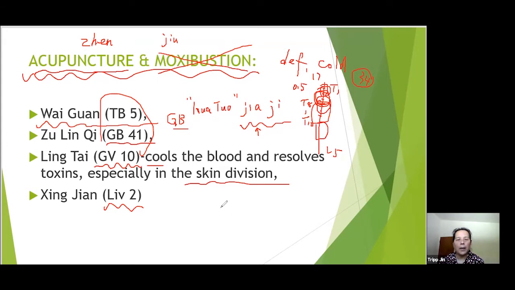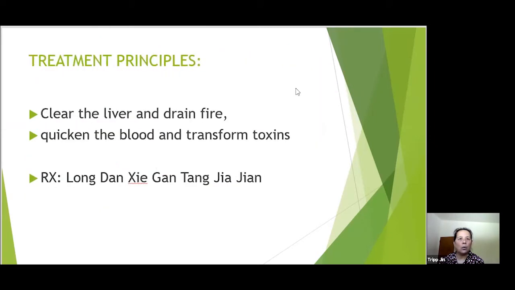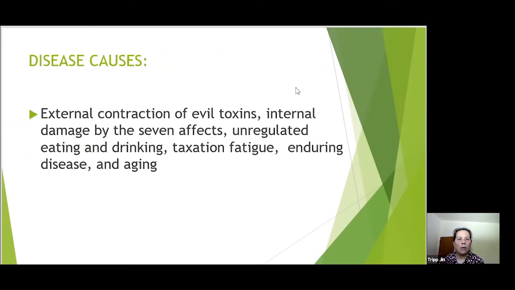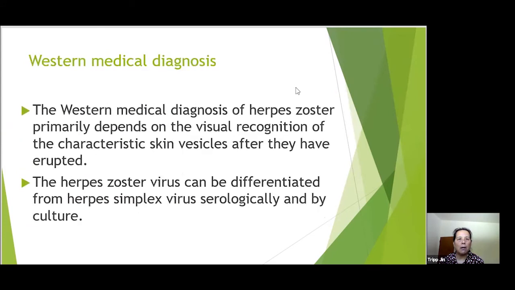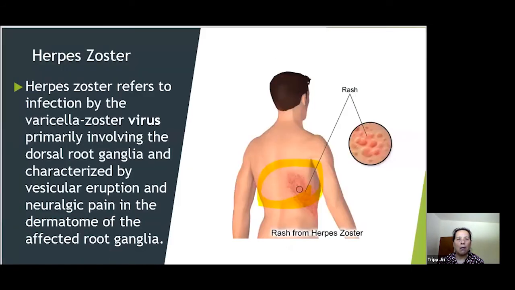For these kinds of patients, we do not go to the local points, like the picture here. If a patient has shingles like this picture, we are not able to put needles around this area because that causes a lot of pain. The patient is already painful there, so we do not put the needle there.